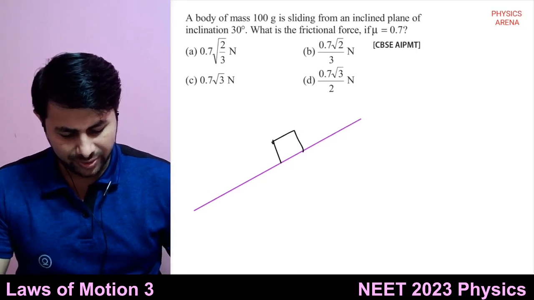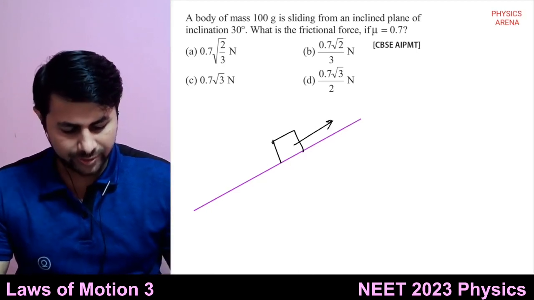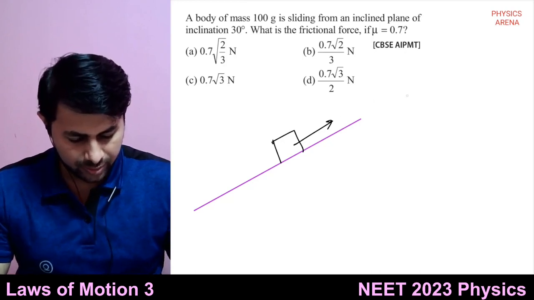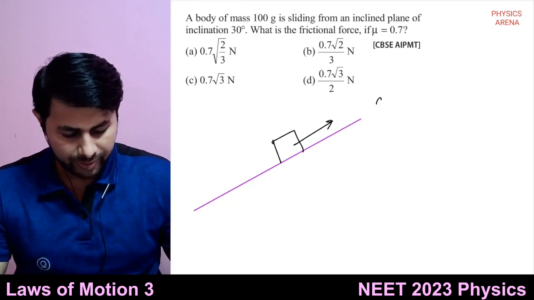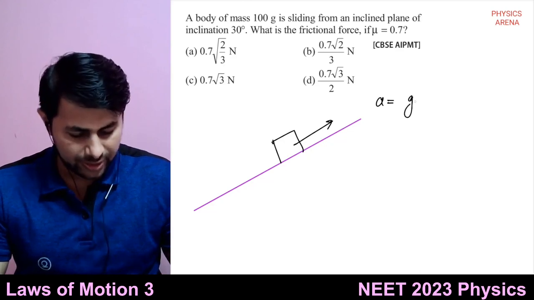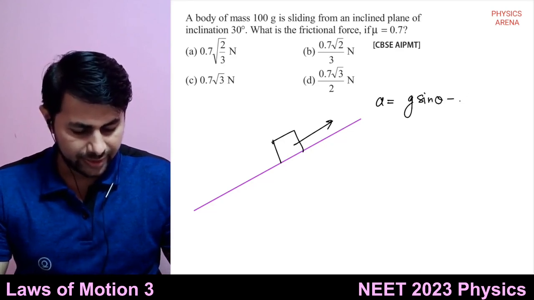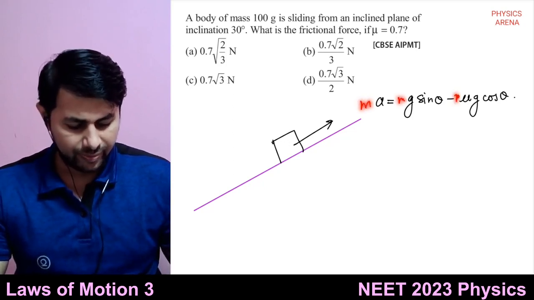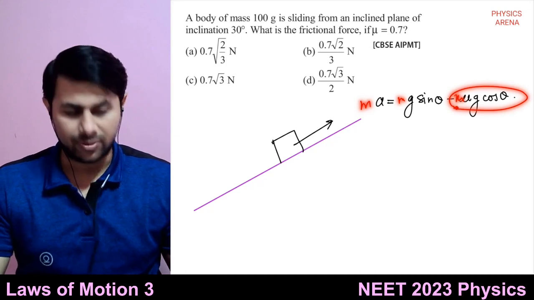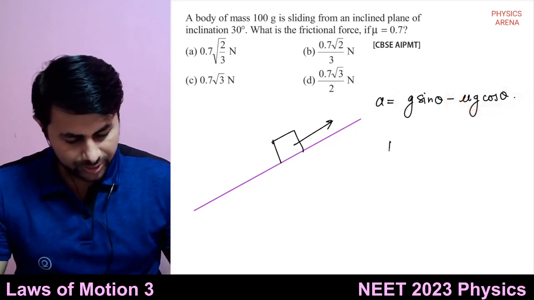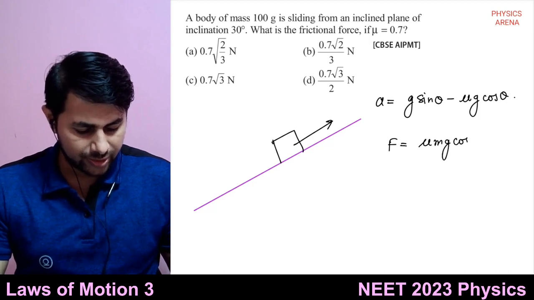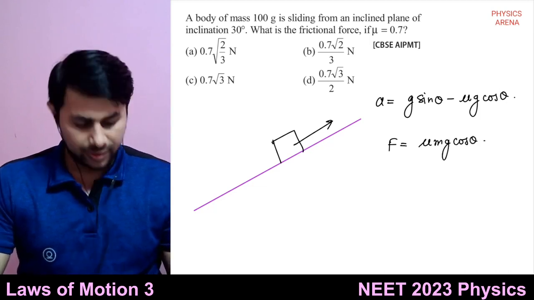So what will be the frictional force? Remember the acceleration formula, g sine theta minus mu into g cos of theta. If you multiply this with m, you get this term as the frictional force. So how much is the frictional force? It is mu mg cos of theta, right?